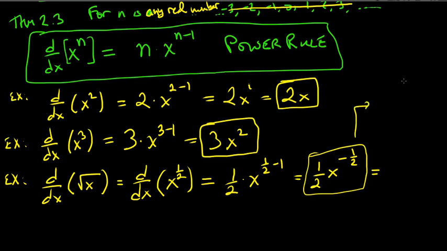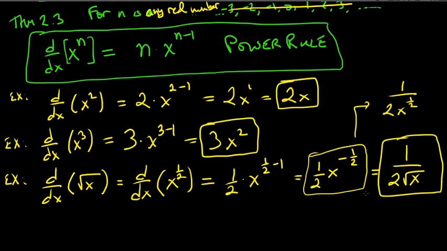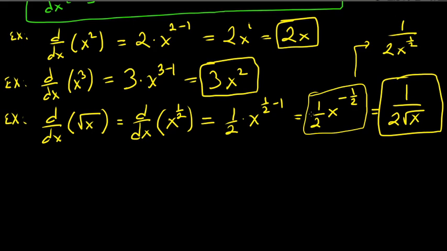So this is 1 over 2 times x to the positive 1/2. But x to the 1/2 is also the square root of x, so this is just 1 over 2 square root of x. That's the same thing we got using the definition, except that we had to do the little trick of using the conjugate and all that. This, I think, is much easier.